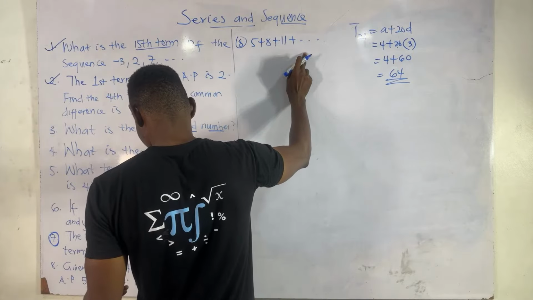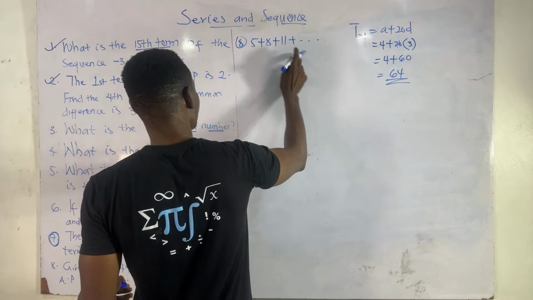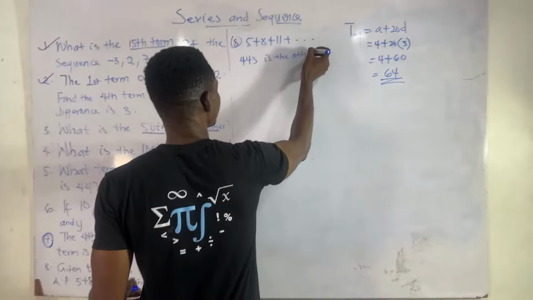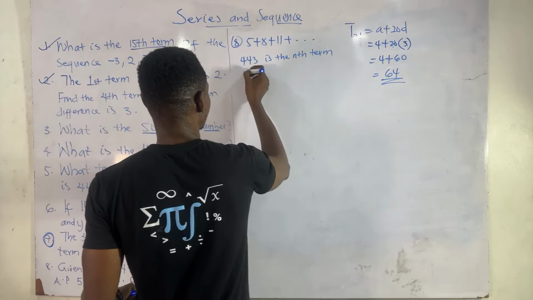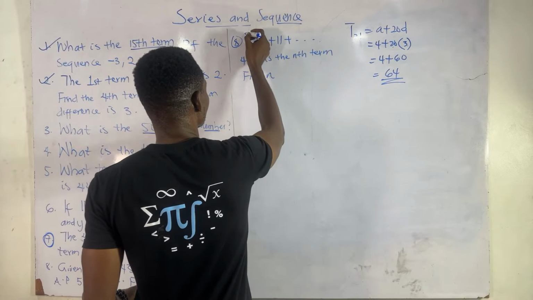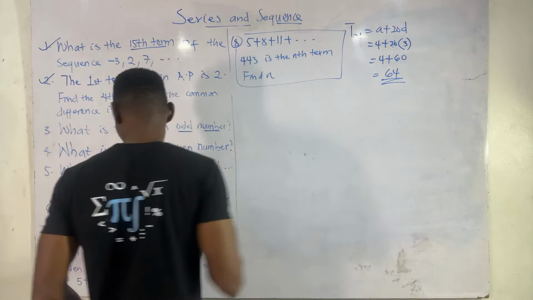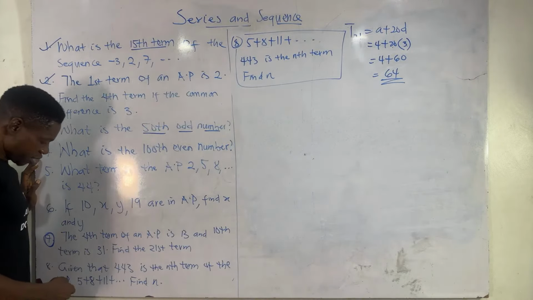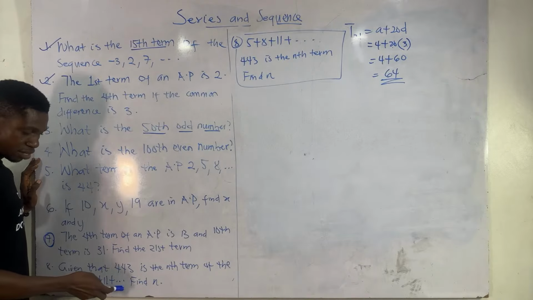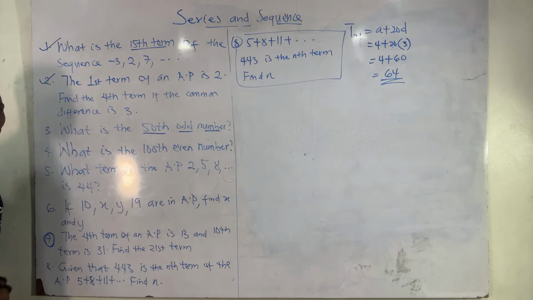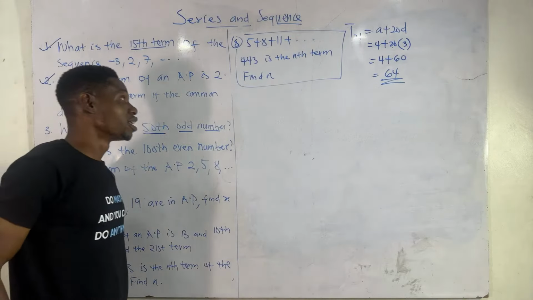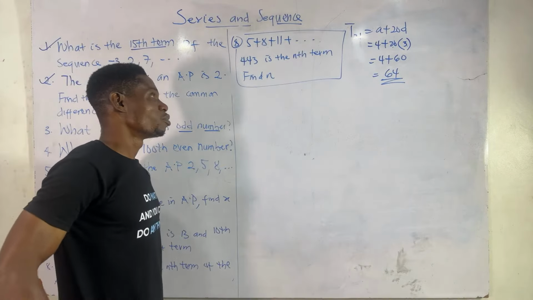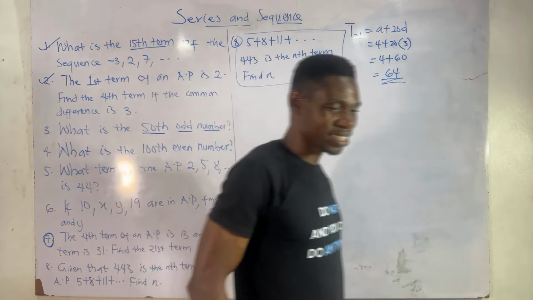And they said that 443 is the nth term, and they want to find n. So I want you to solve this, and let's see if you've been following. We've done an example like this already, almost exactly, just different values. So let's see what your answer will be in the next 60 seconds. Let's go.